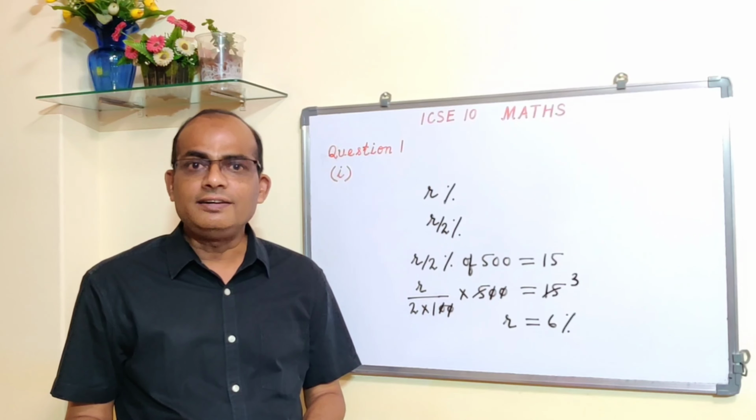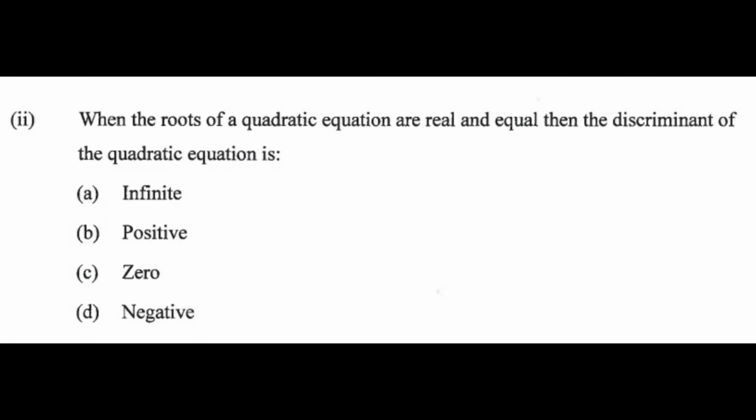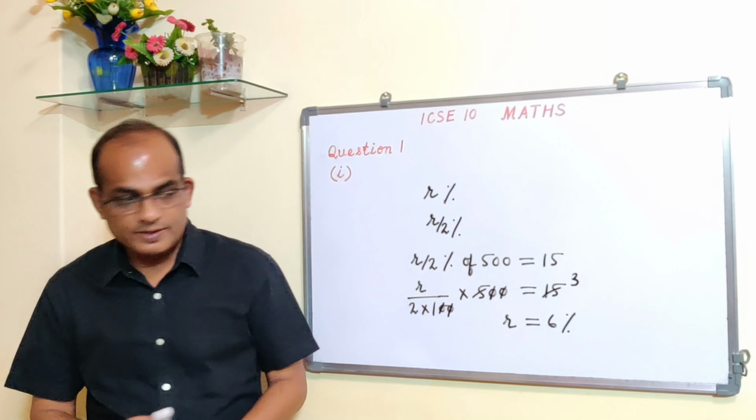The second sub-question is: when the roots of a quadratic equation are real and equal, then the discriminant of the quadratic equation is.